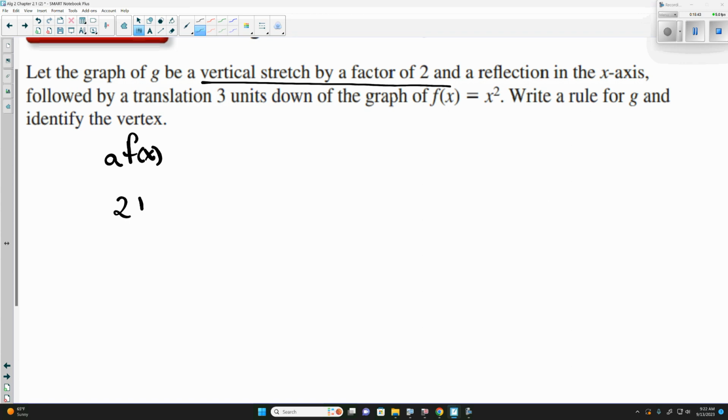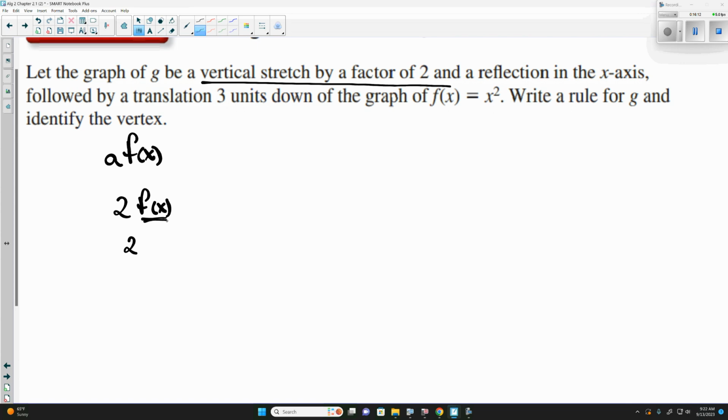It will be 2, because they tell us that we're going to take a vertical stretch by a factor of 2, and our vertical stretch or shrink is our a f of x. f of x is still f of x.